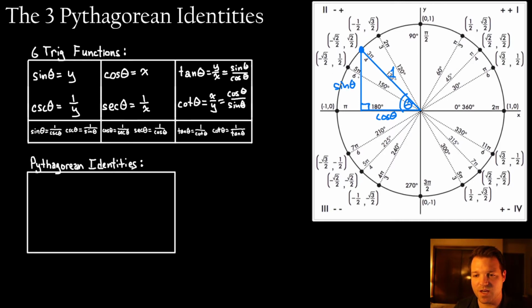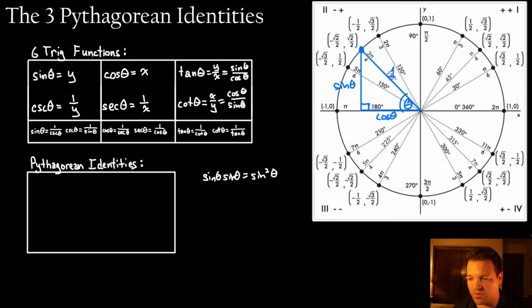So that means that if I took this side, sine of theta, then I need to square it. The way we write this, by the way, sine of theta times sine of theta, we write it like this: sine squared of theta, because the square really goes with the sine. It's not really going with the angle inside, okay?